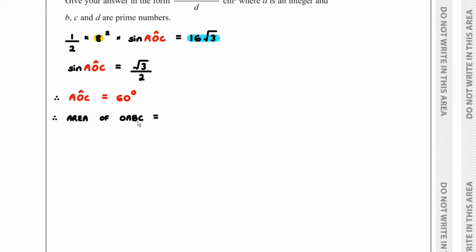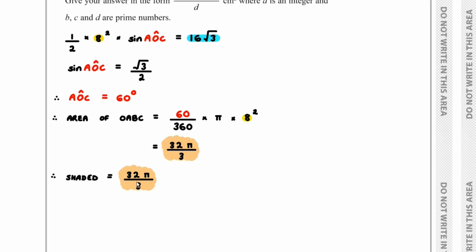The area of OABC is equal to 60 divided by 360 multiplied by pi multiplied by 8 squared, which is equal to 32 pi over 3. Therefore, the shaded area is equal to 32 pi over 3 subtract 16√3.